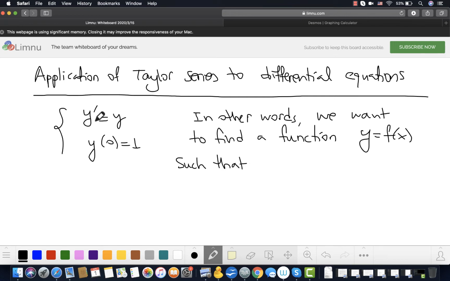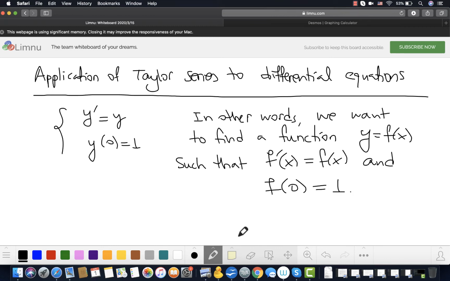Well, there are two conditions to be satisfied. The first condition is telling us that the derivative of f is f itself. That's exactly what condition 1 says, y prime equals y. It means that whatever this function is that we're trying to figure out, its derivative should be itself. And there's one more condition, y of 0 equals 1, which means that the function value at 0 is 1.